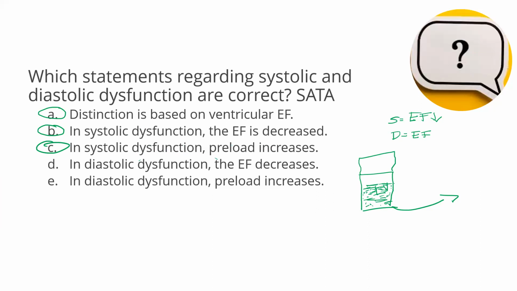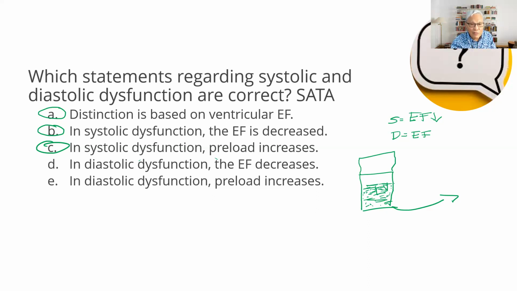Uh-huh. In diastolic dysfunction, the EF does not decrease; it is either normal or actually increased. And the preload is not going to increase because there's not a problem with contraction. It's almost like two bottles of water. One has a good amount, full of water, and you're trying to contract it, but you cannot eject it all out because your hands are weak.